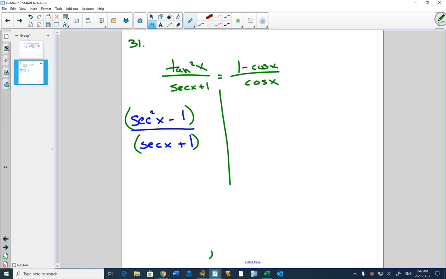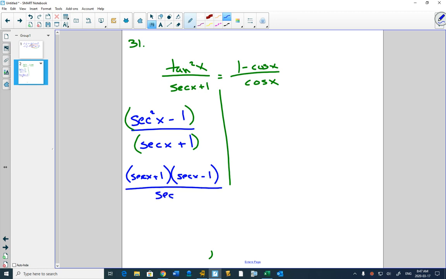So when you move things around with secant squared minus 1, cosecant squared minus 1, 1 minus sine squared, it always makes a difference of squares. If you can start recognizing differences of squares, like in this case, when I factor the top, can you see that it would be secant x plus 1 and secant x minus 1?